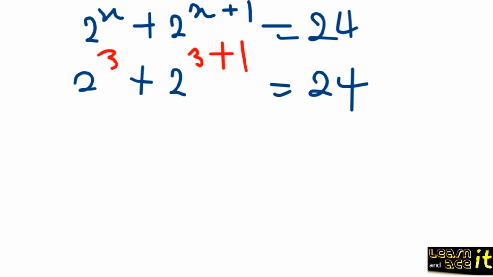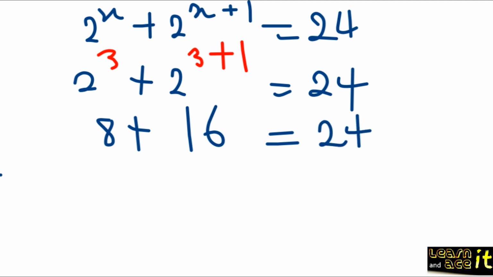Alright, and then from here, what is 2 to the power of 3? That will be 8. And then 2 to the power of 3 plus 1, that is going to give us 16 there, because it's like 2 to the power of 4, and then that's equal to 24.